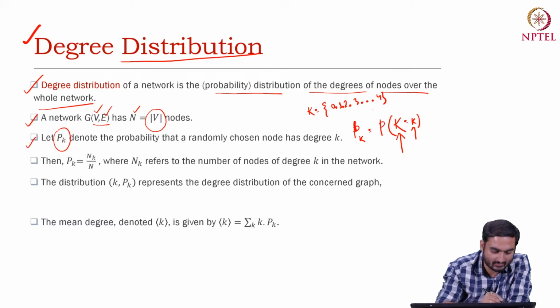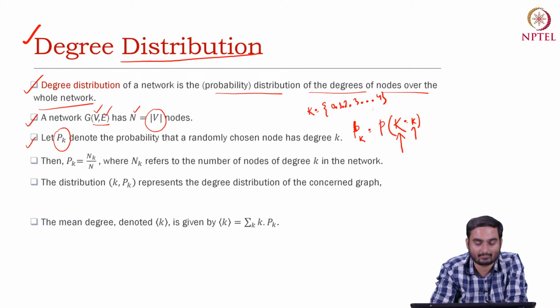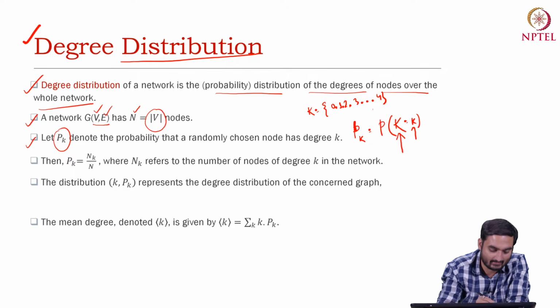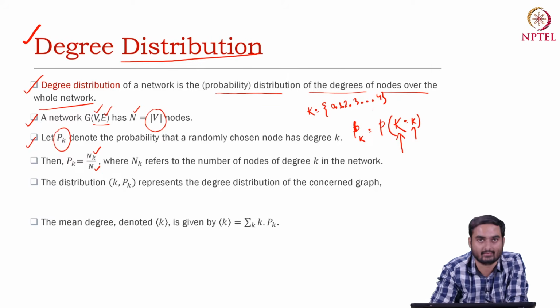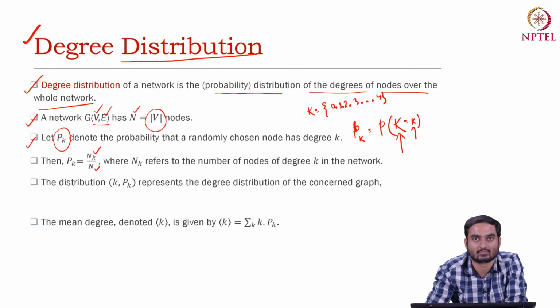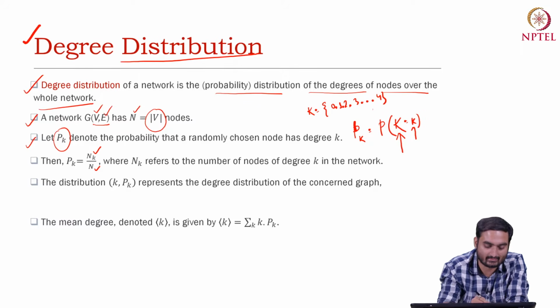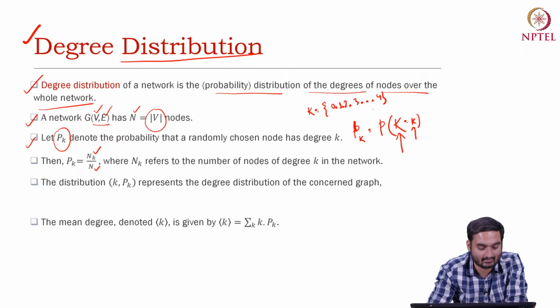So how do we define P_k? P_k is the fraction N_k by N. What is N_k? N_k is the number of nodes of degree k, and N is the total number of nodes. So you are asking how many nodes there are whose degree is k, and you divide it by the total number of nodes.